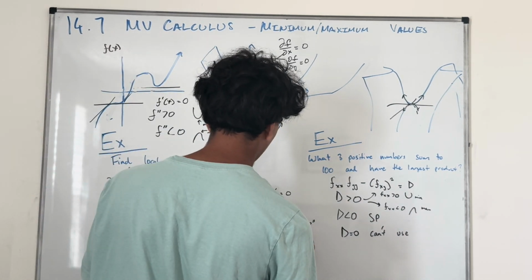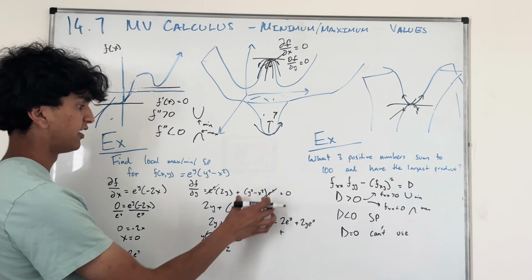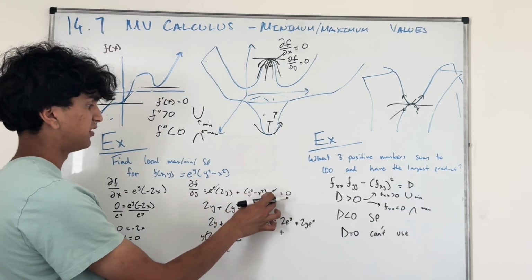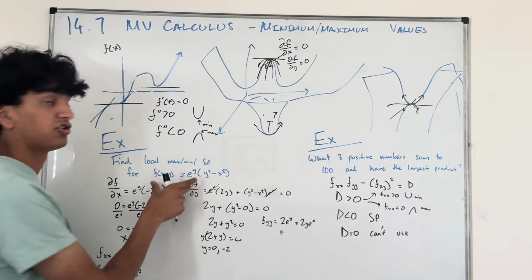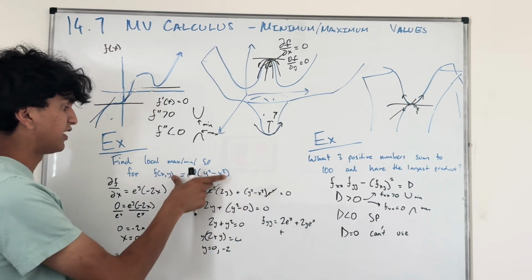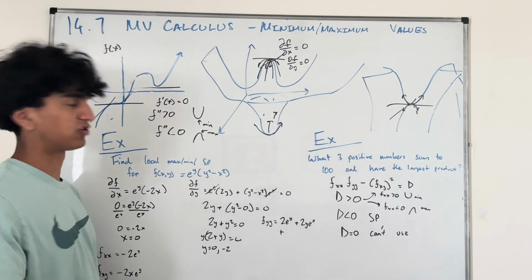And then if you look right here, you can be clever and realize that y squared minus x squared times e to the y is just my original function.